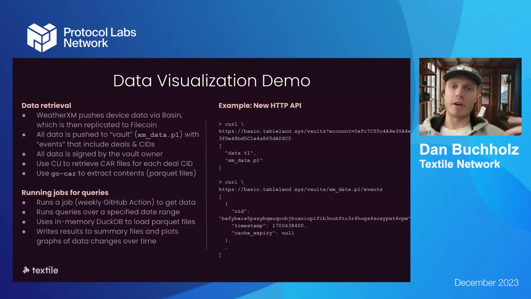Since vaults store data publicly, I can go and fetch the data via an API or via CLI and actually run queries over that data. And just note that everything they're pushing to the network is from devices that are all across the WeatherXM network. So it's a fully decentralized stack in a way.